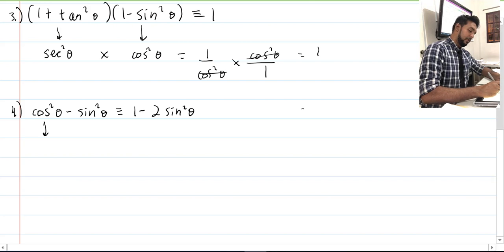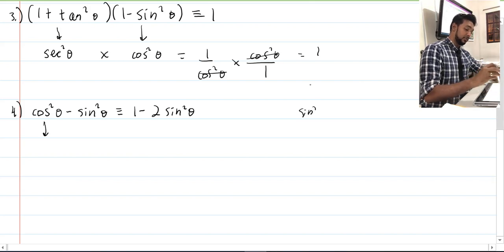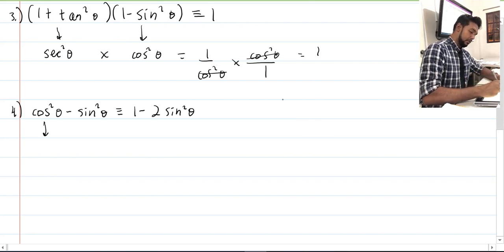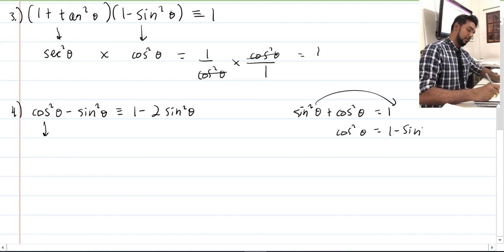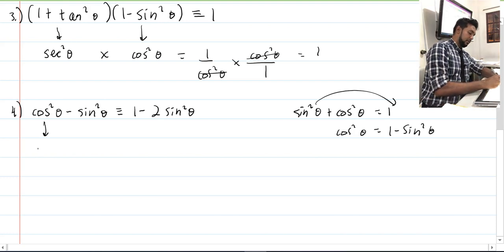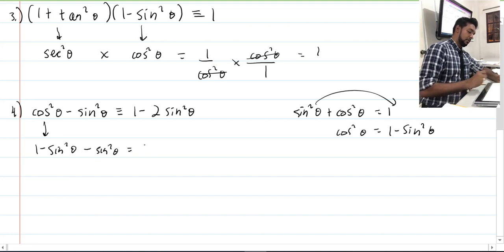So you have sine squared theta plus cos squared theta equal to 1. And if you transpose to make cos squared the subject of the formula, we get 1 minus sine squared. So we have 1 minus sine squared minus sine squared, right? And minus sine squared will give us what? Minus 2 sine squared theta.